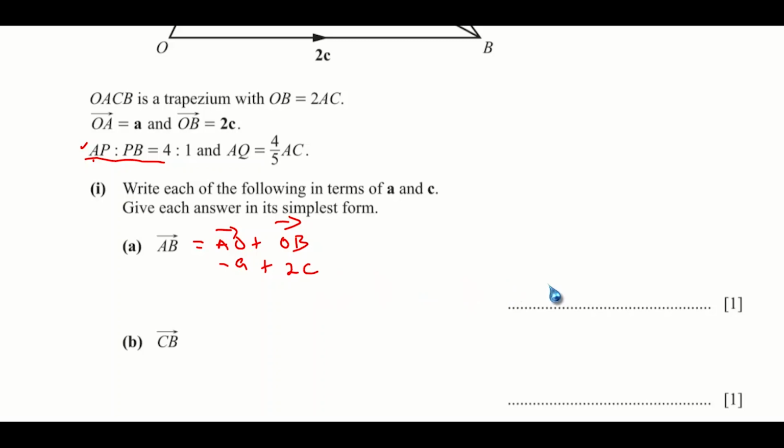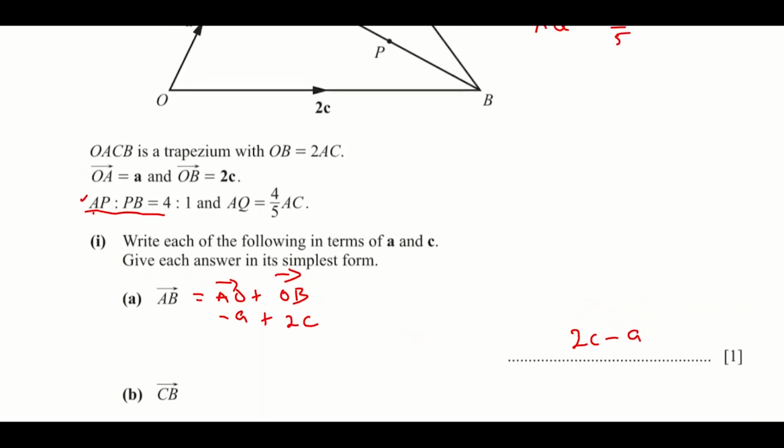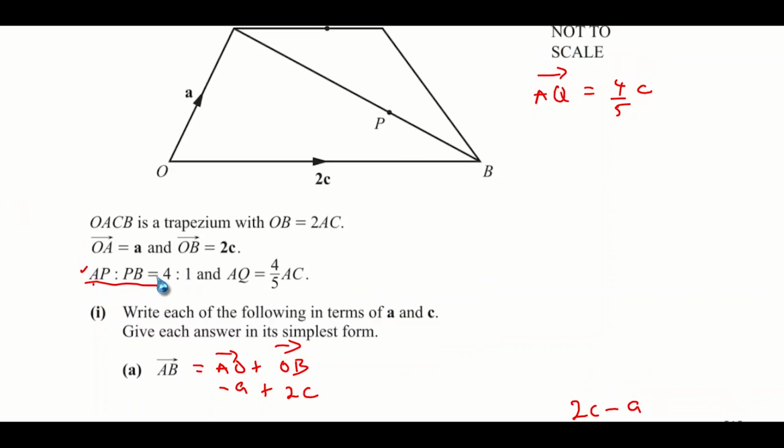So we write 2C minus A, and you can write it as minus A plus 2C. Since I have this now, I can come back to this one.